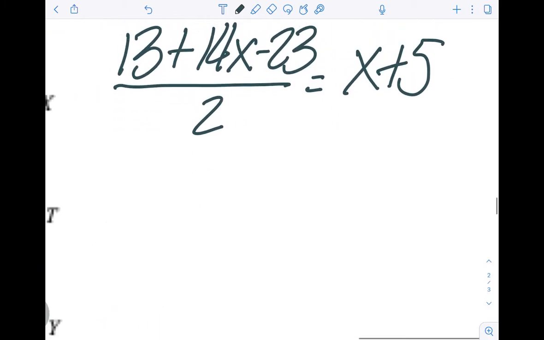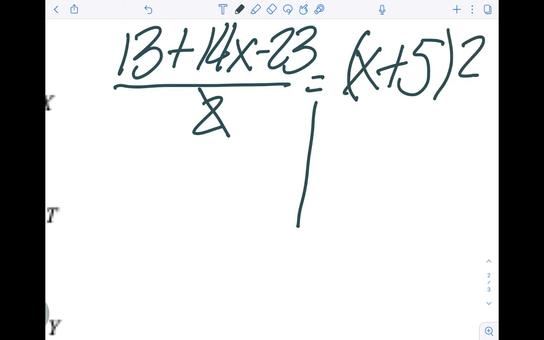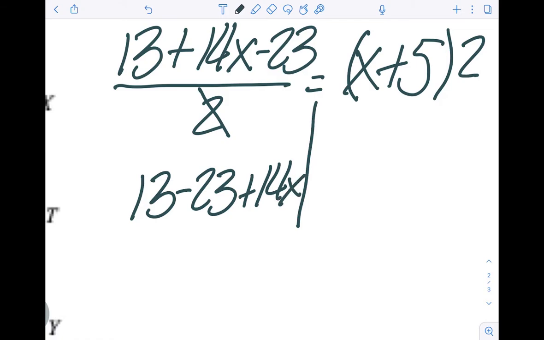Right? So the opposite of dividing by 2 is multiplying by 2, but I have to multiply the whole thing by 2, guys. Both x and 5 by 2. So I get 13, I got minus 23, and I got 14x here.